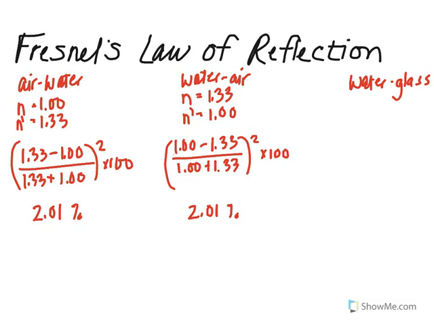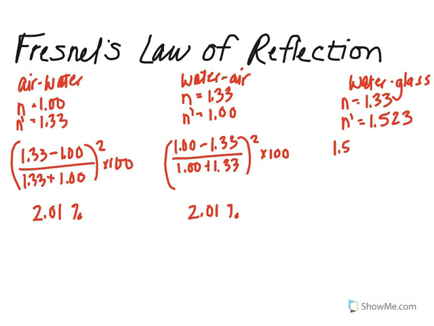And now let's look at the water-glass interface. For this we have the light in the water first, where n is 1.33, and we'll use an index of 1.523 for our glass, for n prime.